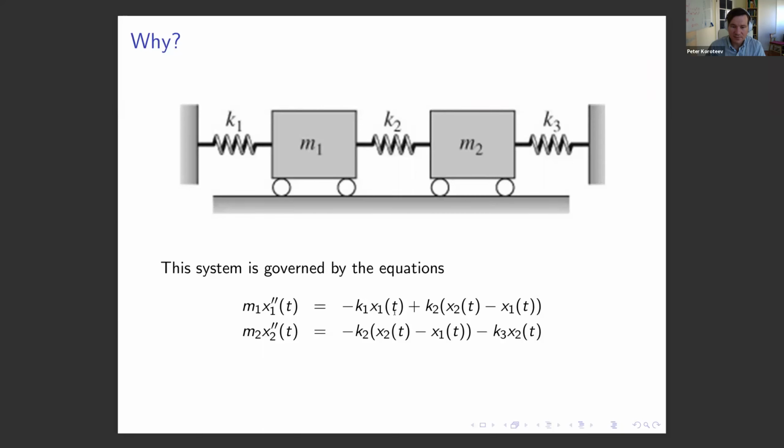Here x1(t) is the displacement of the first mass relative to the equilibrium, and similarly x2 is the displacement of the second mass relative to its equilibrium. If you work out the algebra of the force diagrams, you can write this system of equations for these two masses. Again, in this case, these are linear systems of equations.